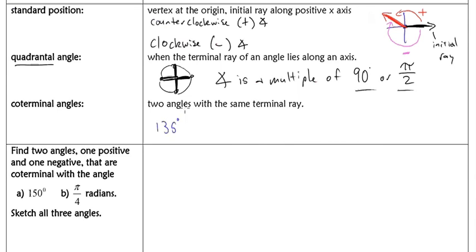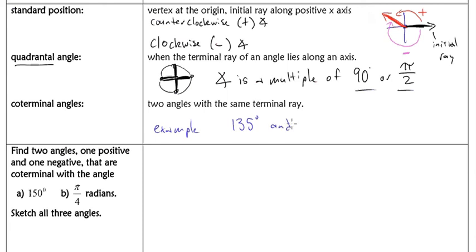And these are just examples. So this one has gone more than 90, but it's not 180. It's over to here. And that would be positive 135 degrees.